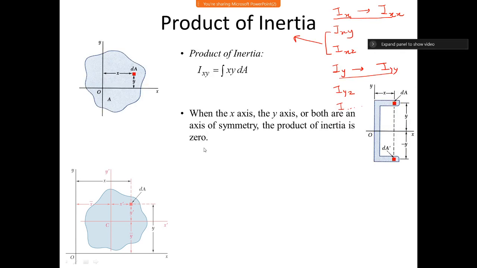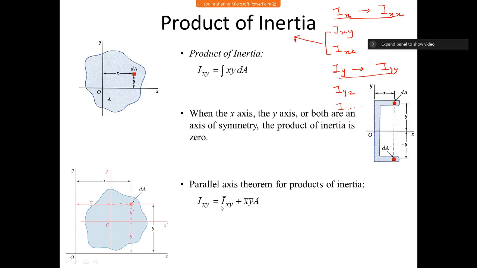The next is, what if I want to change the coordinate axis? Same thing as for moment of inertia, we have a similar theorem for product of inertia, which is the parallel axis theorem for product of inertia. Suppose I know I about the center of mass. The centroid is at point C, and we know I about this, which is I bar. When I say I bar, it refers to the centroid of the area, if I'm talking about area.